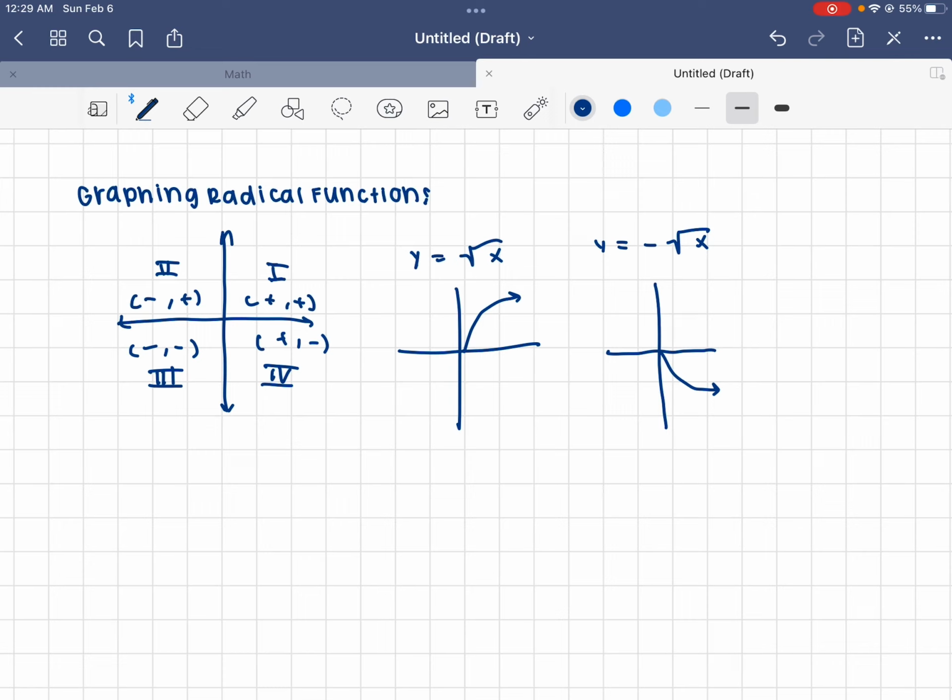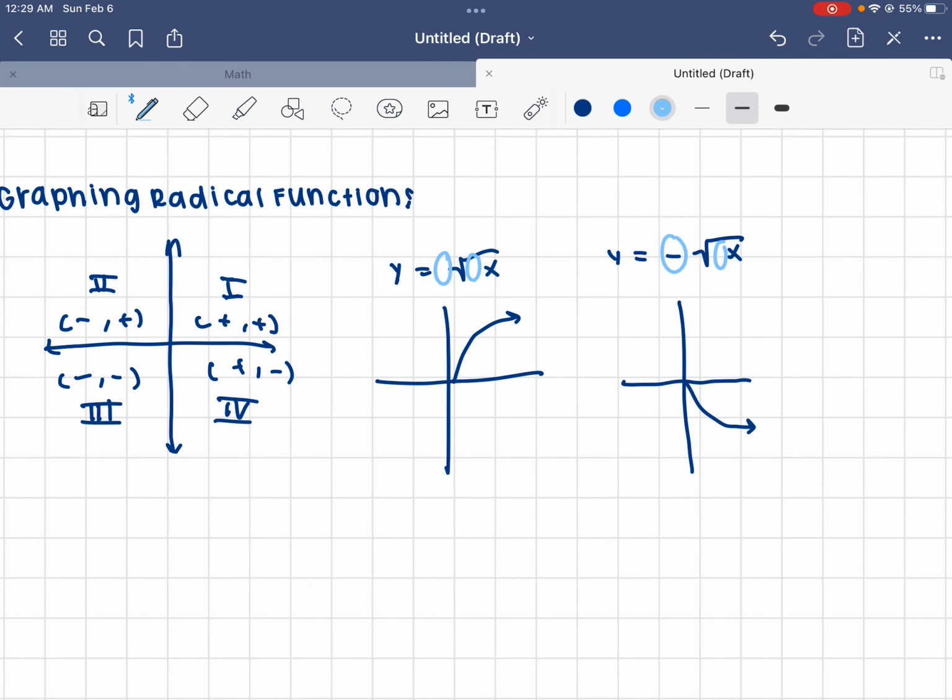Okay, so if you look at these points or the signs of these areas, you can determine where your graph is going. So for the first one, we see it's positive and positive. And for this one, we see it's negative and positive. And so what this means is our y value is negative and our x value is positive.